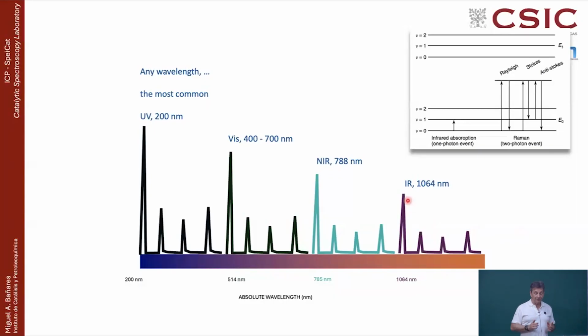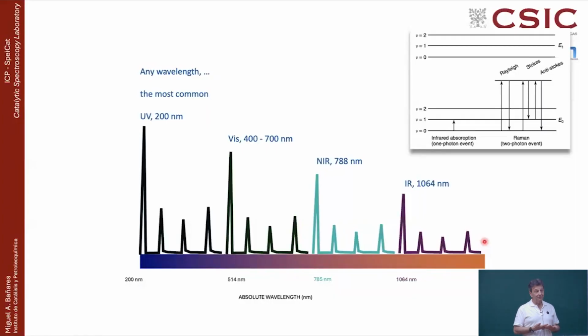One difference that happens, which is important, is that the intensity of the Raman effect will be weaker and weaker as the energy of the photon decreases. So you get very strong Raman effect with ultraviolet, weaker with green, weaker with near infrared, and weaker with infrared.